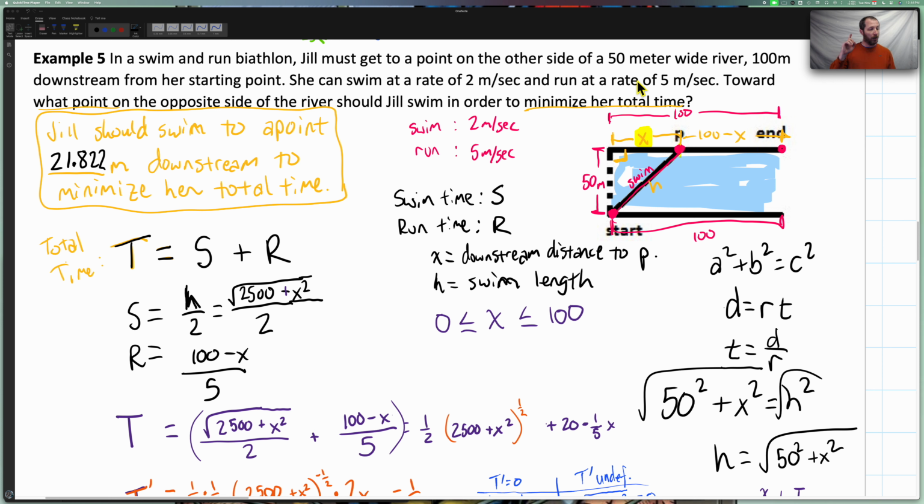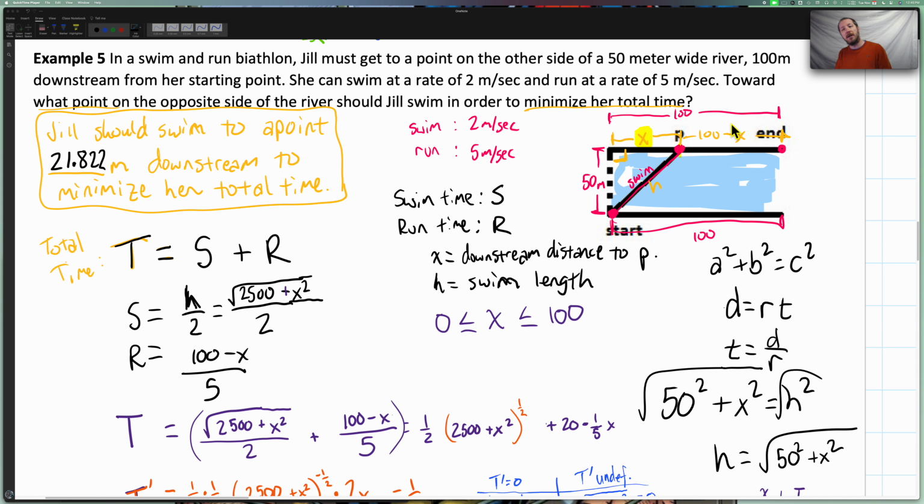All right, step 2, draw a clearly labeled picture and label it. We're given just a rough outline of the situation so we can get a visual on it. But we definitely need to add some information to this. Her starting point is here in the bottom left. It tells us that it's a 50-meter wide river, so make sure that we add that. That's important.